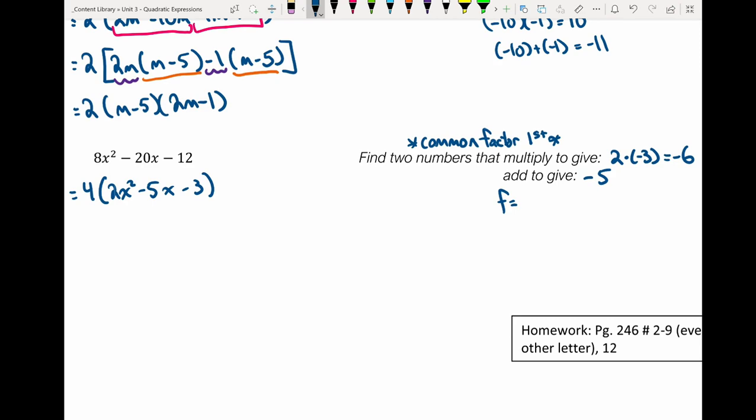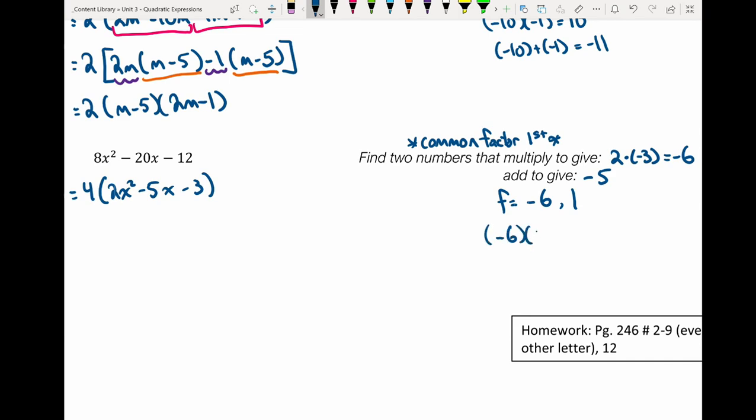So again, it doesn't really help me find the numbers, but it does help me play around with the numbers that I know, because really the only numbers that multiply to give me 6 are 6 and 1 and 3 and 2. If I've already said that the larger number has to be negative and the other one has to be positive, well, negative 3 and positive 2 don't work to give me negative 5, so that only leaves me with one option, negative 6 and positive 1.